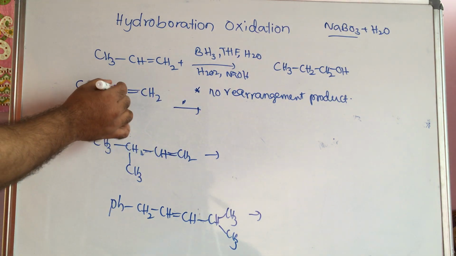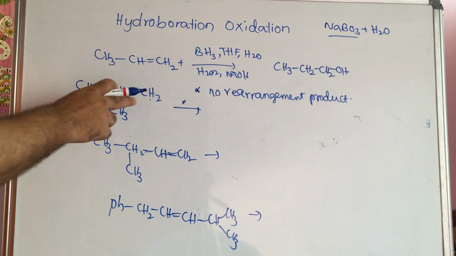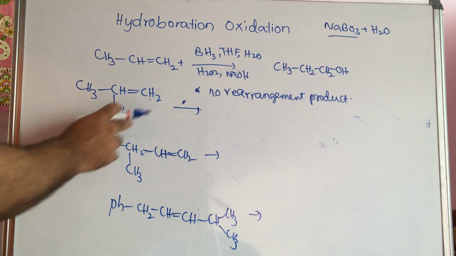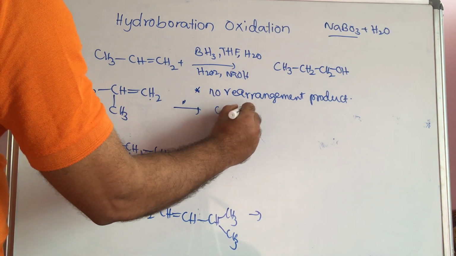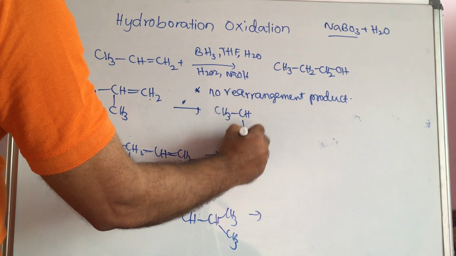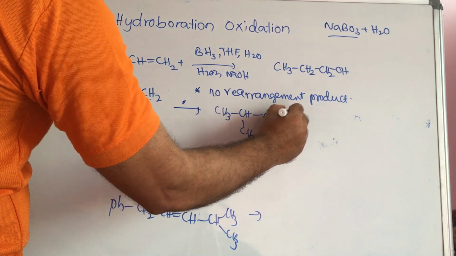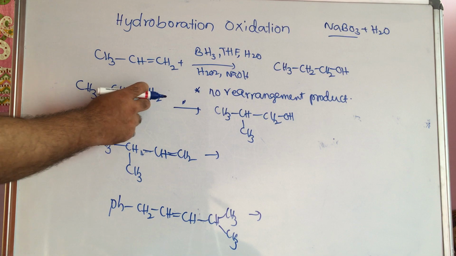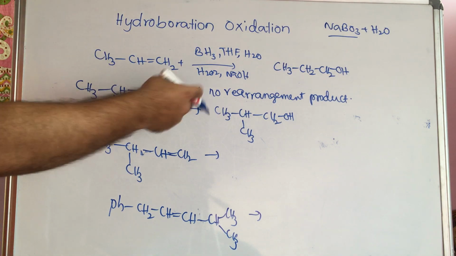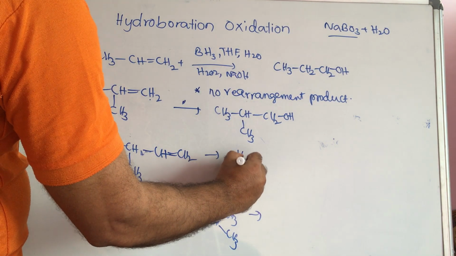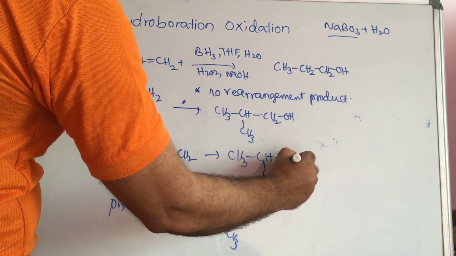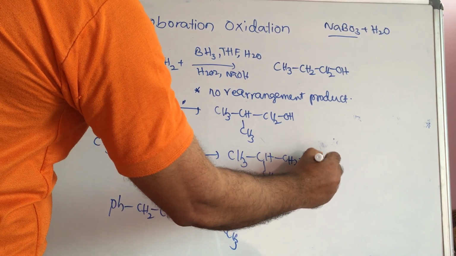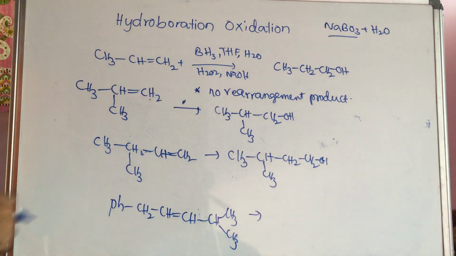For example, here, Markovnikov or anti-Markovnikov product, anti-Markovnikov means non-Markovnikov product will be there. Then CH3CHCH3CH2OH. So it will give the non-Markovnikov product. If it is CH3CHCH3CH2CH2OH, there is no rearrangement.